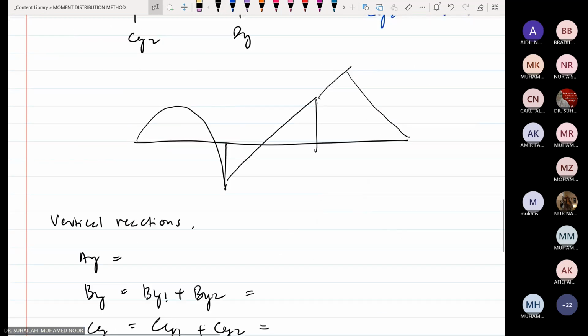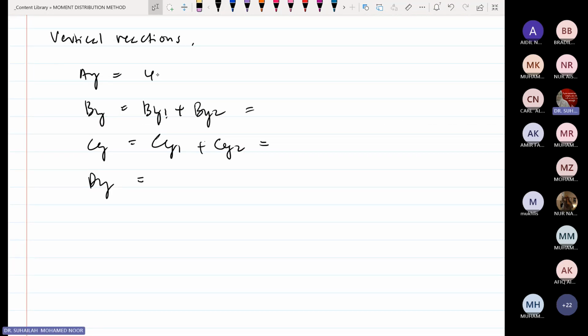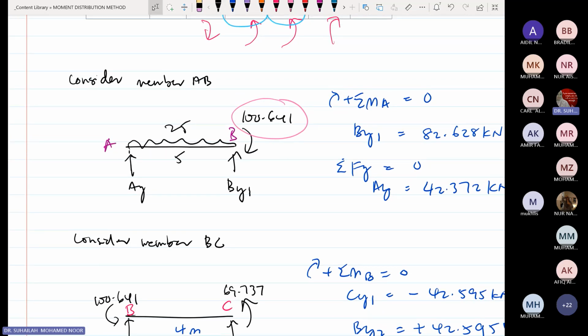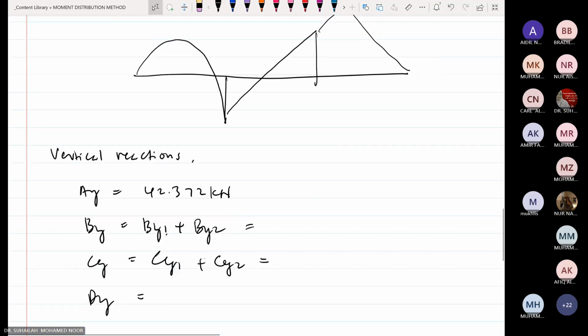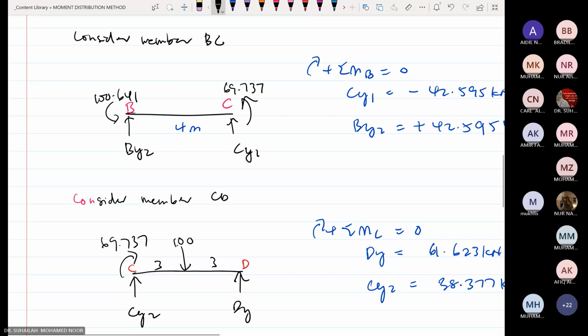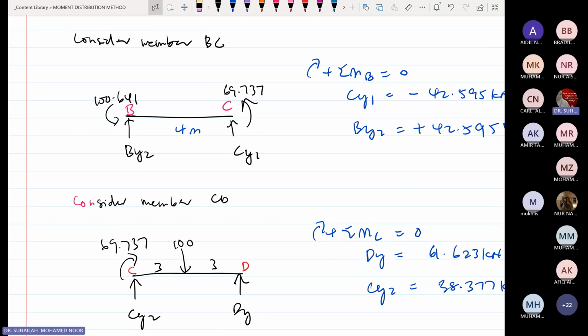42.372. 42.372 kilo Newton. BY1, 82.628. And BY2, 42.595.